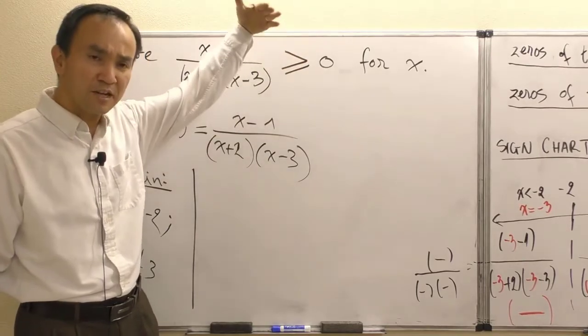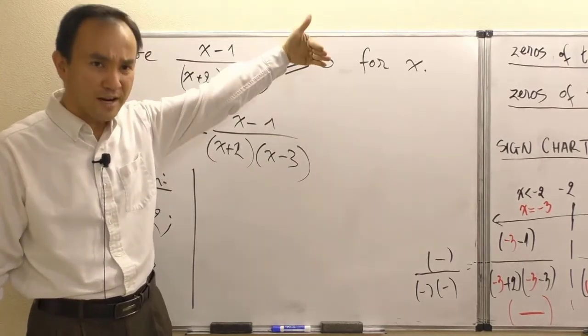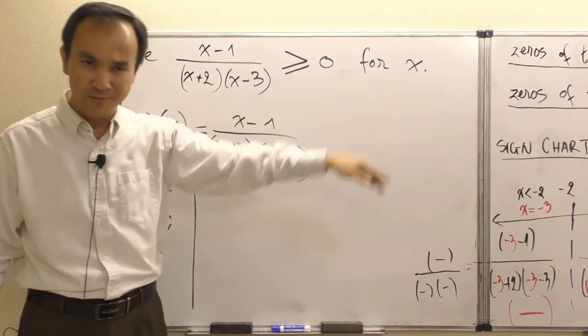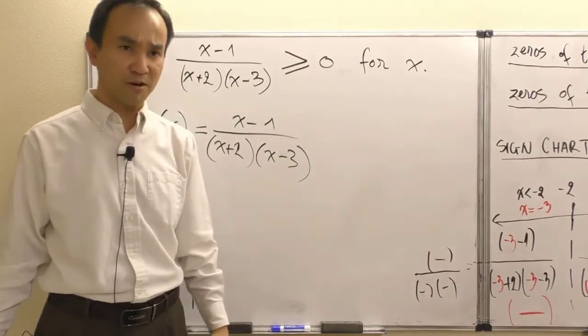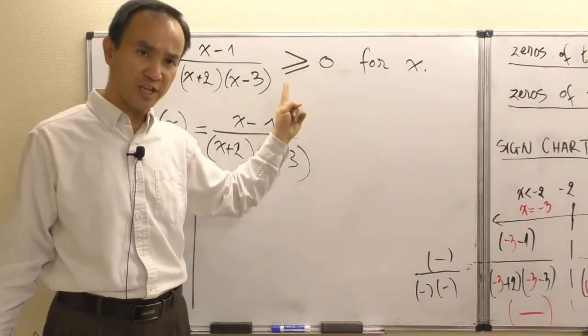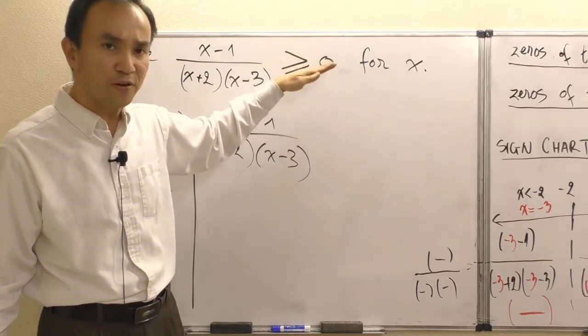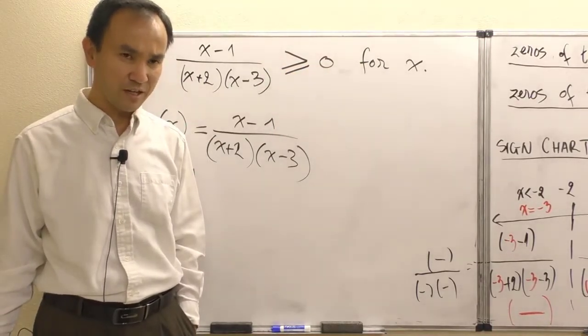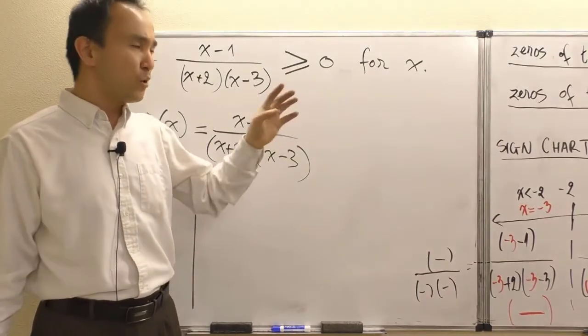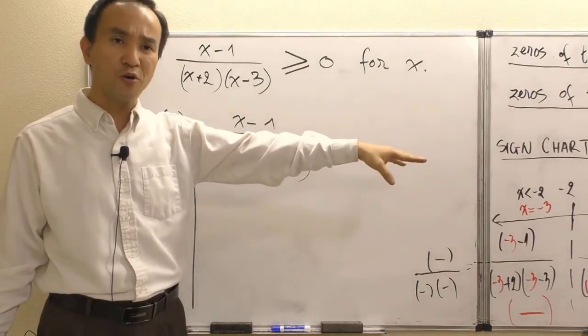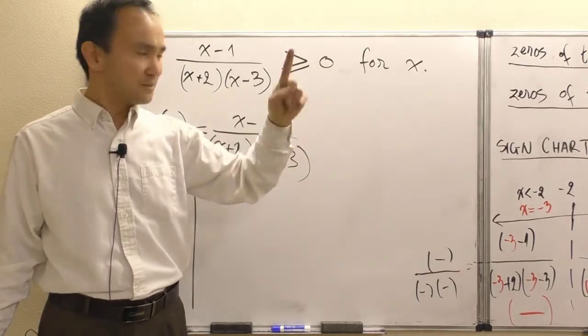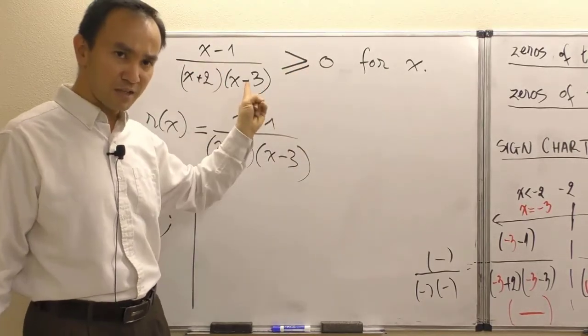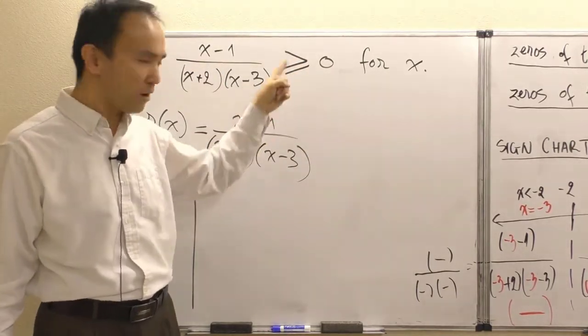But let's primarily focus on the greater than 0 first, just like how we've been doing with the earlier kinds of problems where the inequality was still a strict inequality. So for now, let's not worry about the equal sign yet. More primarily, which intervals from our sign chart make the left side here positive? Because we want that positive.